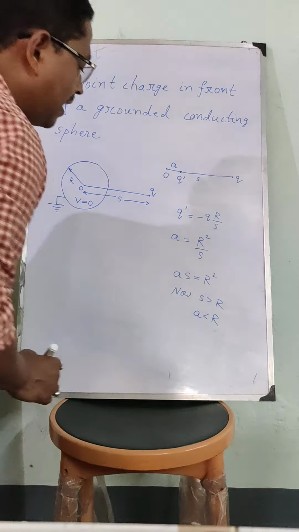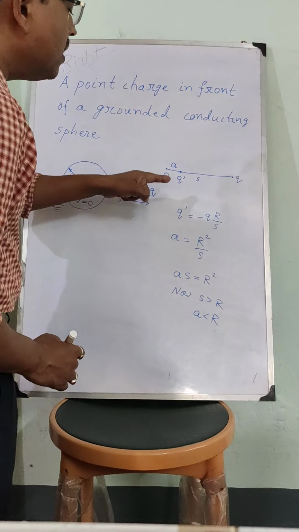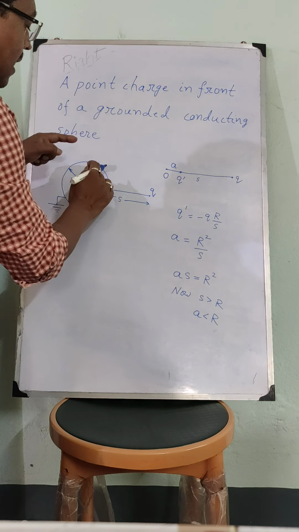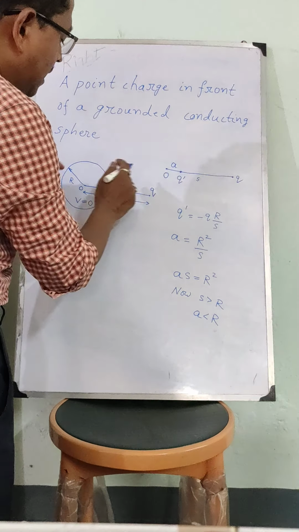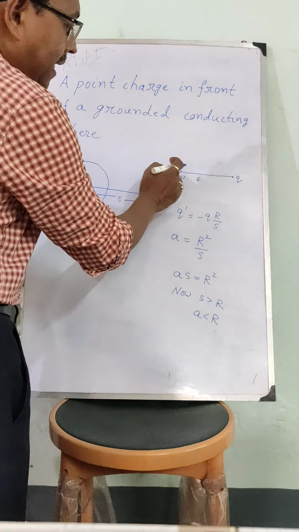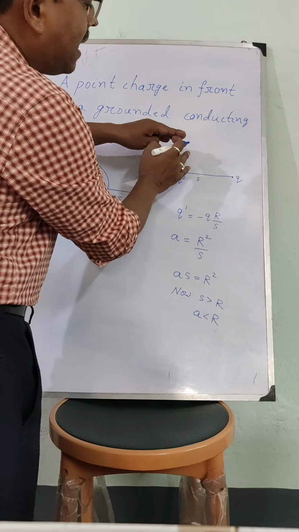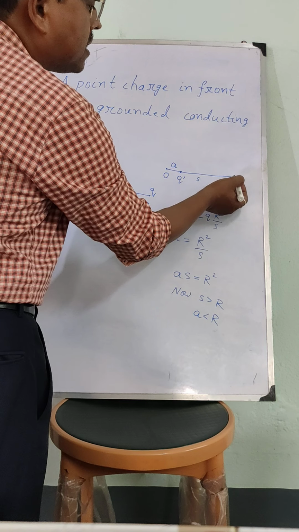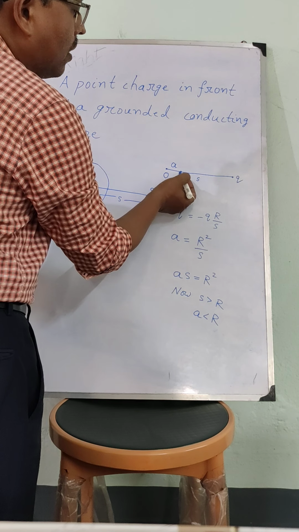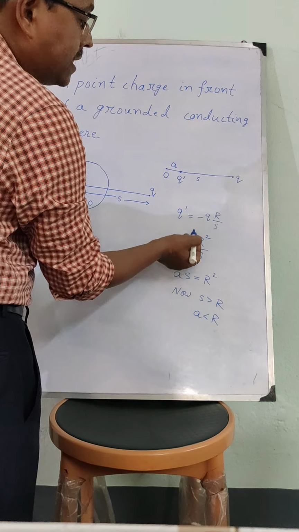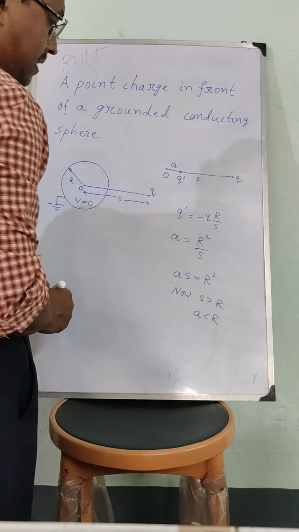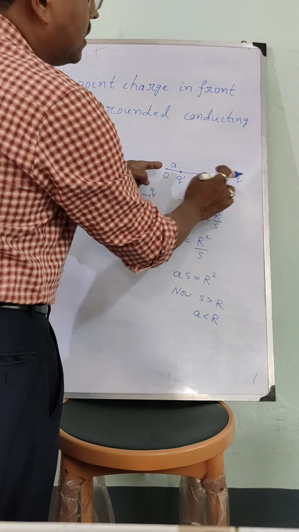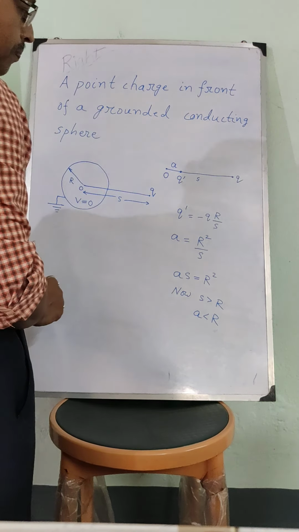So a is less than R. This implies that the image charge which I am considering is lying in the region inside the sphere, but in this case we are assuming that there is no such conducting sphere. We have only 2 point charges, one plus q here and another is q prime, which is given by minus qR by S.